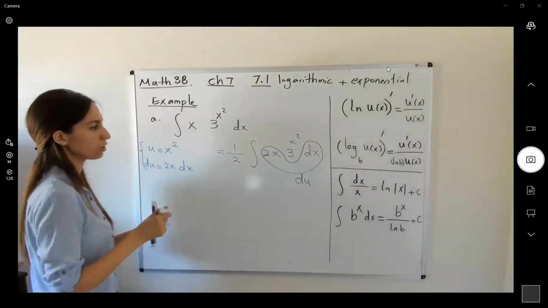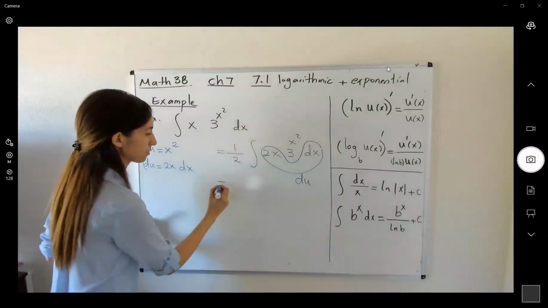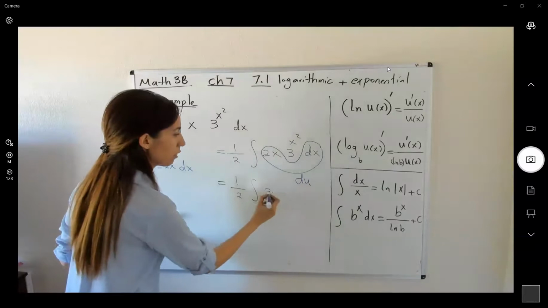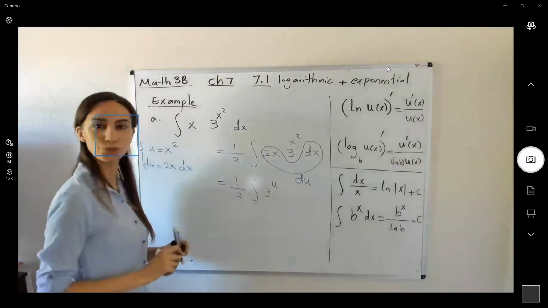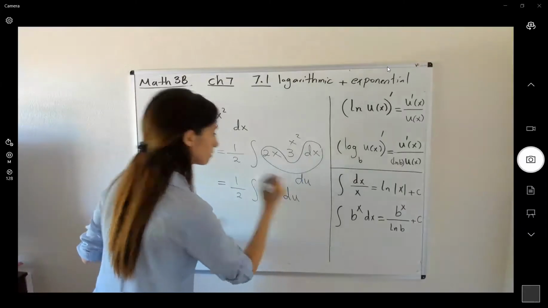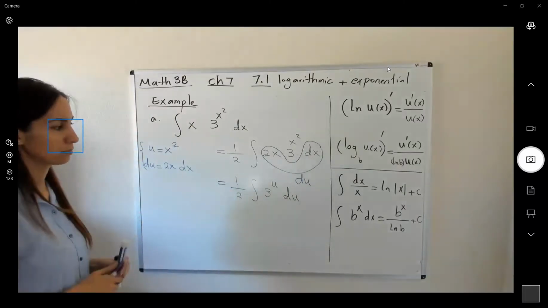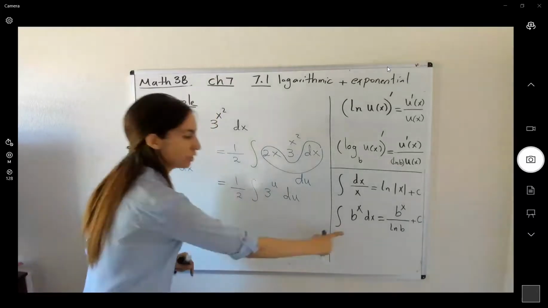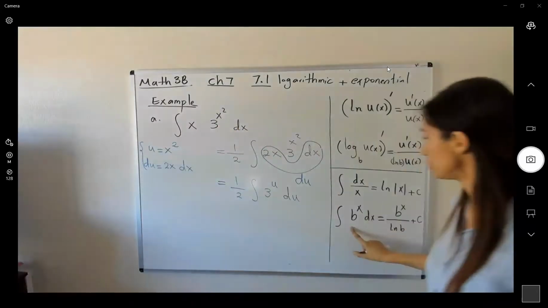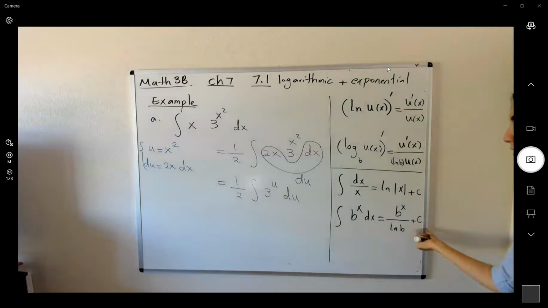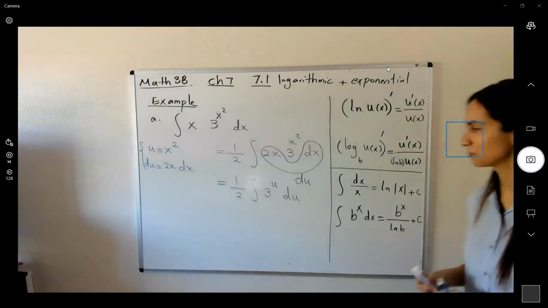So this integral is equal to a half integral of 3 raised to u times du. Take a look at these two integrals. When you have integral of b to the x dx, it is b to the x divided by ln of b plus constant of integration.